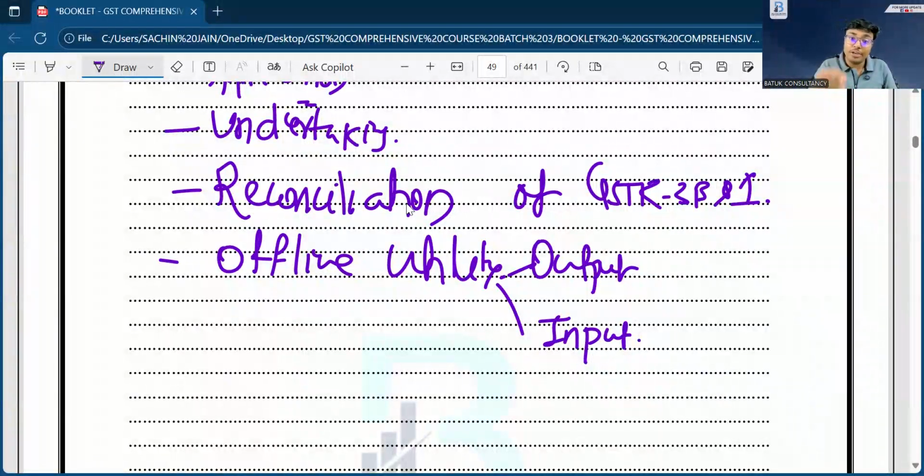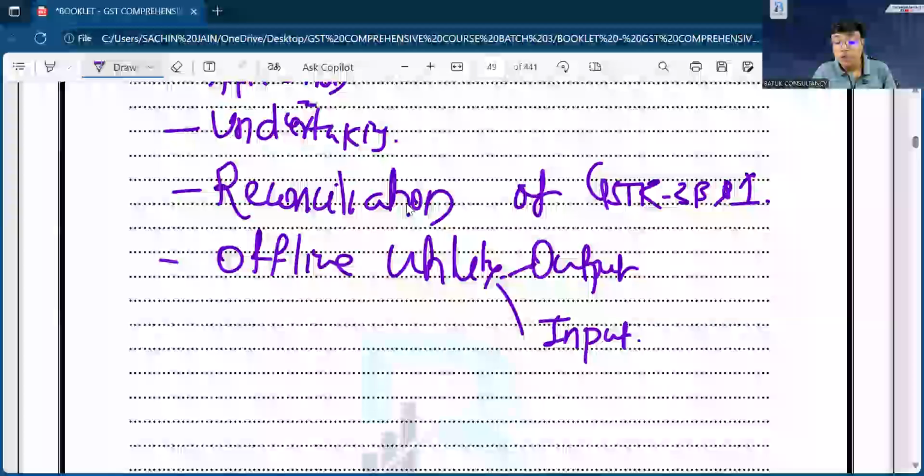When you upload it on the GSTN common portal, it will automatically reconcile your figures. The output details which you submitted in the offline utility will be cross-verified with your GSTR 1, and the inward supply details will be reconciled with your GSTR 2B.